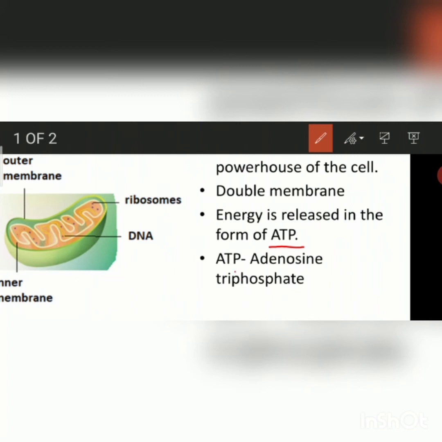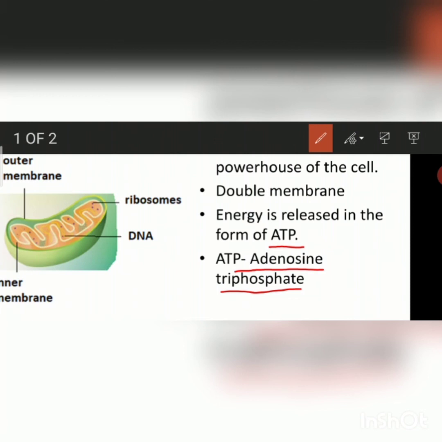The full form of ATP is adenosine triphosphate. So ATP molecules are known as the energy currency of the cell, and the mitochondria is known as the powerhouse of the cell.